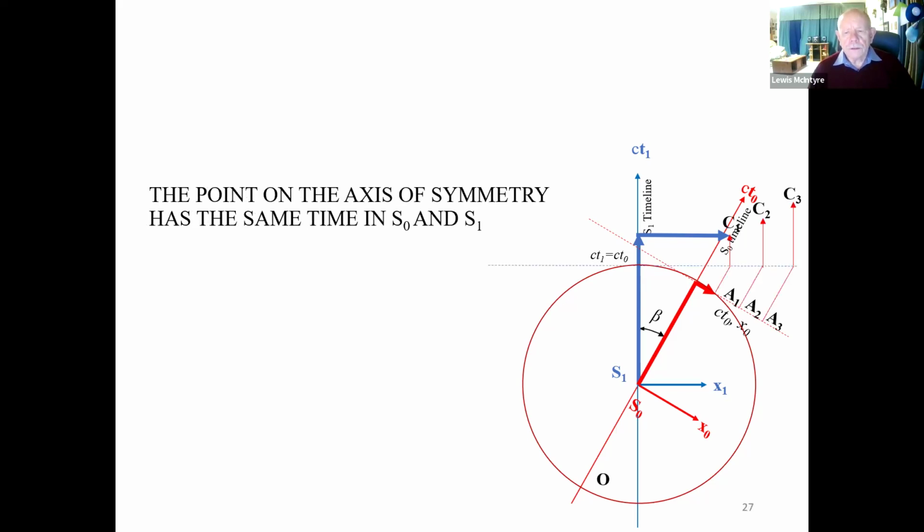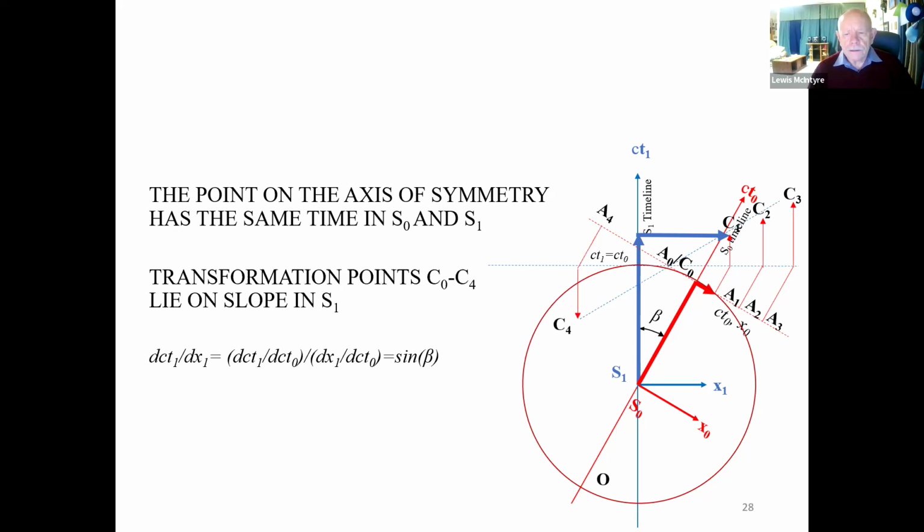But their transforms are not simultaneous in S1, shown by C1, C2, and C3. The further right points move in S0 from the axis of symmetry, the later their transforms will be in S1.